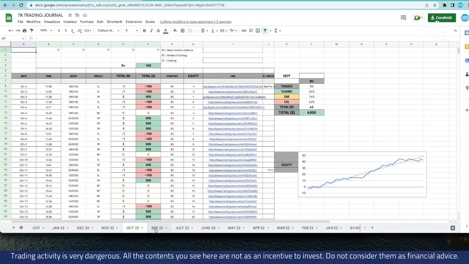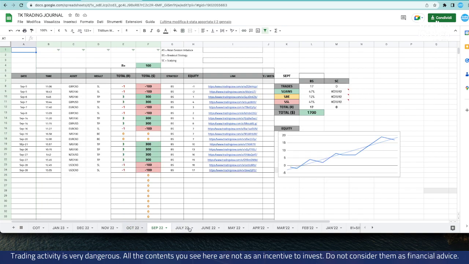So for me, when I see a lot more stop losses than gains, it's not an extraordinary thing, it's normal, it's part of the trading activity.